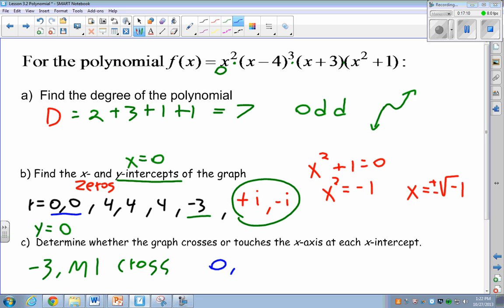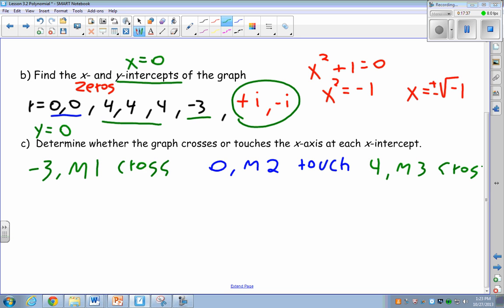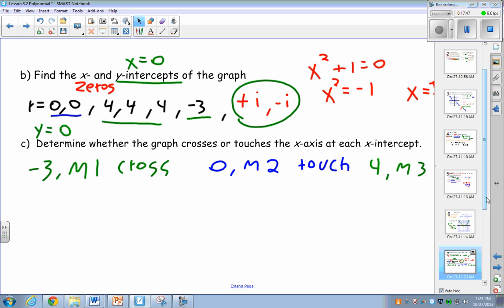We have 0 with multiplicity 2, but that one's just going to touch since it's an even multiplicity, so it's going to look like a parabola. Now we go to our largest one, 4. And 4 has a multiplicity of 3, which is odd, so it's going to cross with that S shape in it. So we figured out all of our x's and how our multiplicity is going to affect the graph.